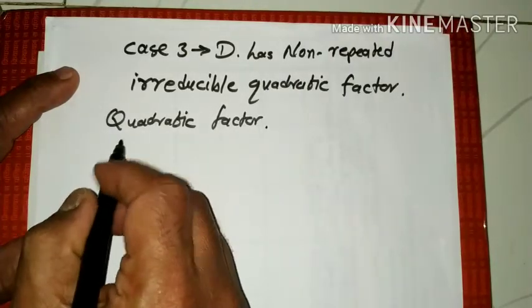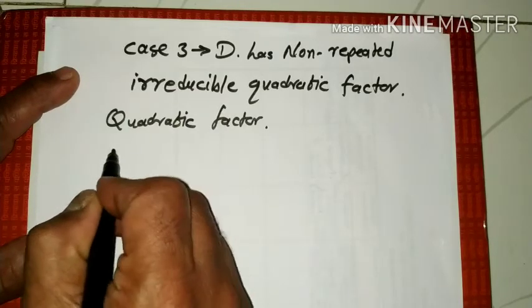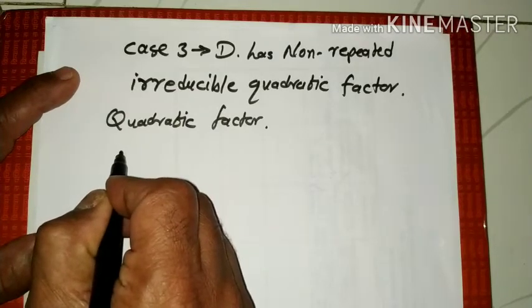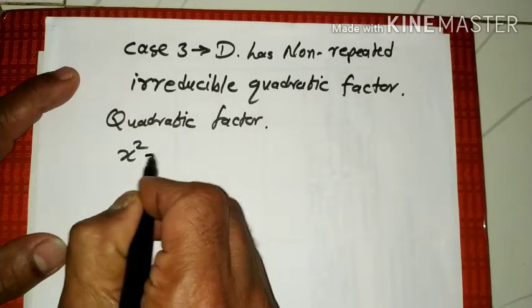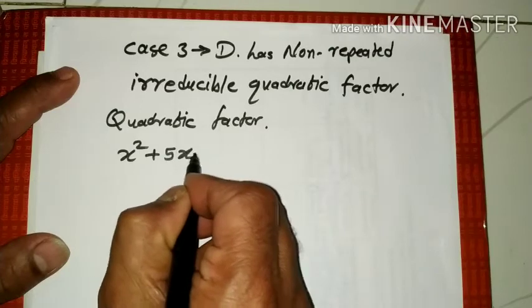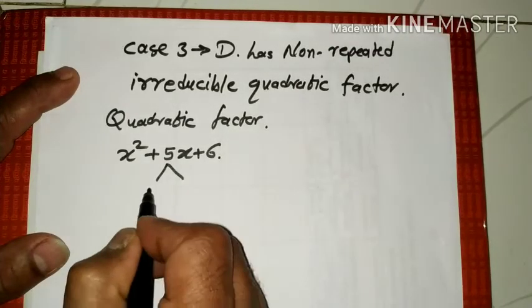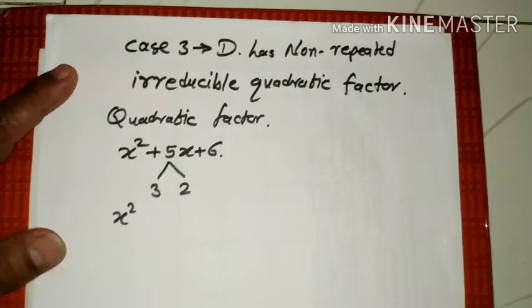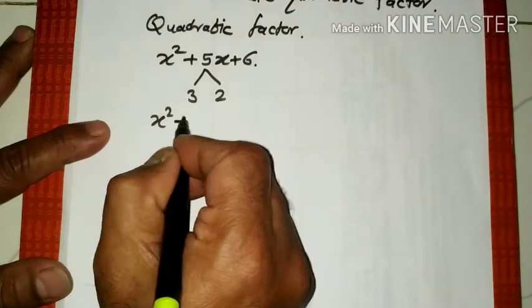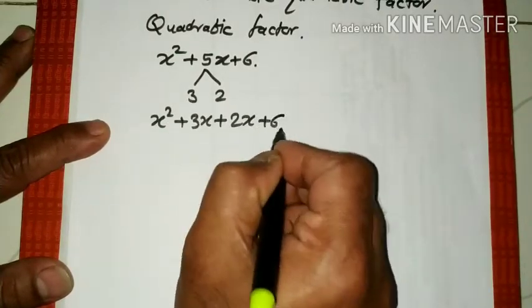We know that in 10th standard we learned factors of a quadratic equation: x square plus 5x plus 6. Split 5 into two parts: 3 and 2. x square plus 3x plus 2x plus 6.